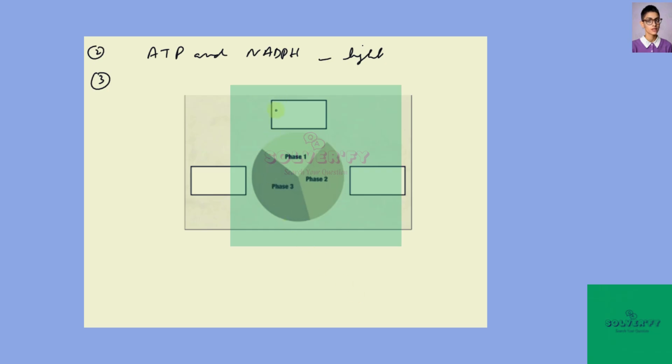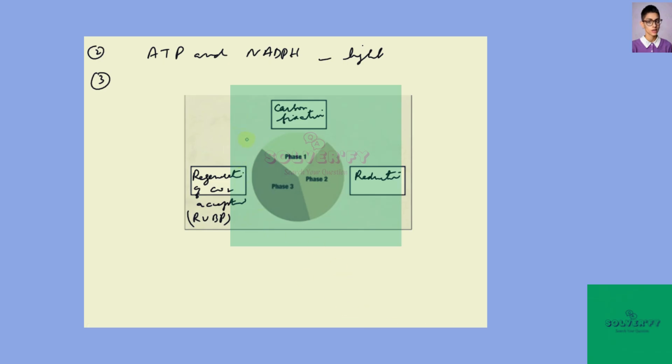The phase 1 here represents the carbon fixation, in which carbon is fixed, and the second phase represents the reduction phase, while the third phase represents the regeneration of carbon dioxide acceptor, which is the ribulose bisphosphate.